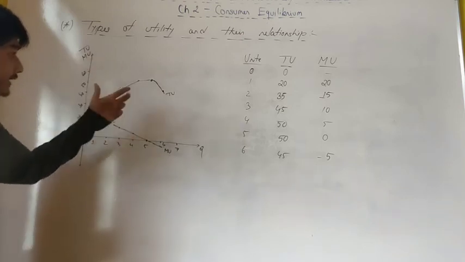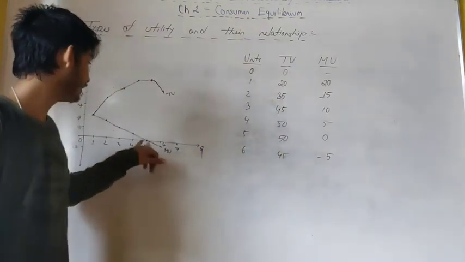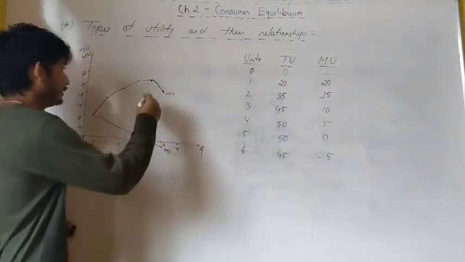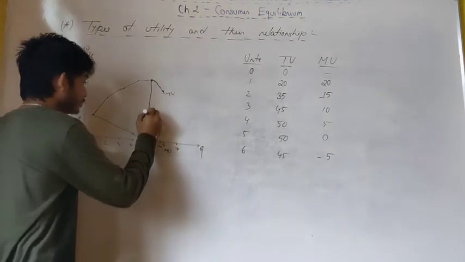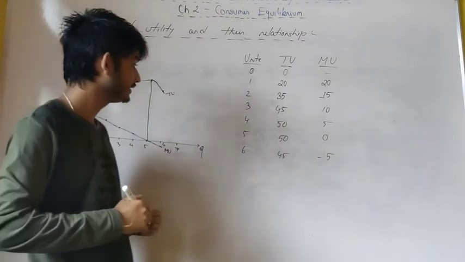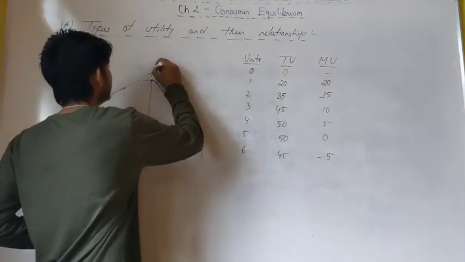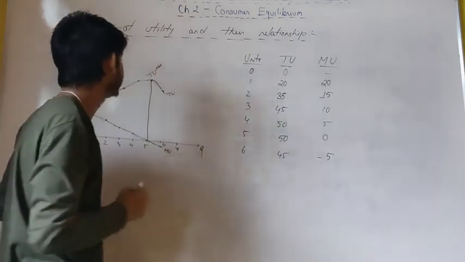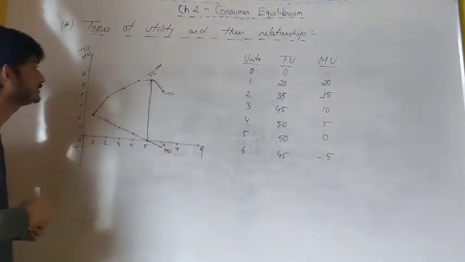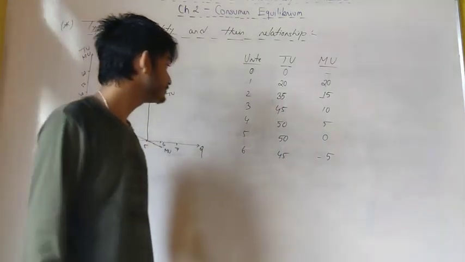And when his total utility is maximum, 50, his marginal utility is 0. Here at this point his total utility is maximum and marginal utility is 0. Let me name this point TU max.